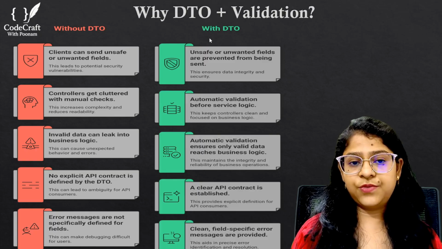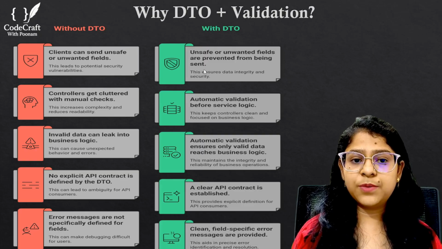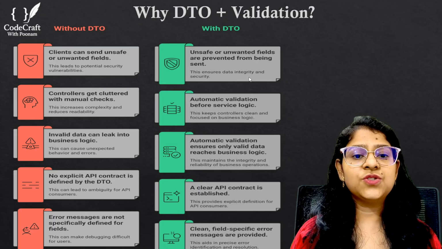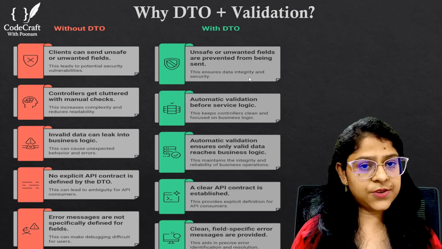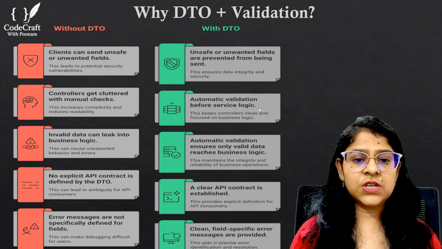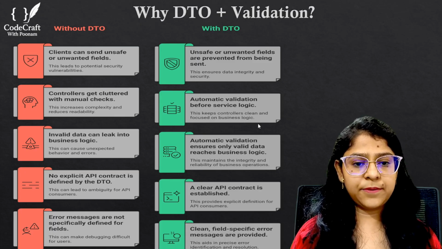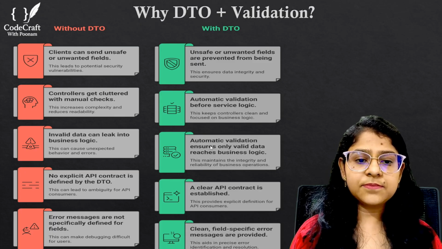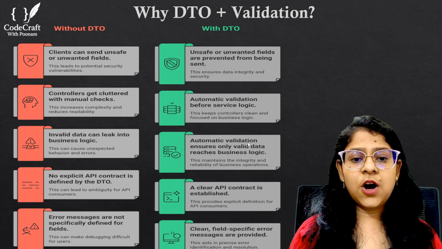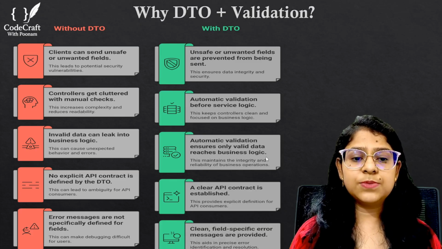Okay. So if you use DTO, then unsafe or unwanted fields are prevented from being sent. So this ensures data integrity as well as security. Automatic validation before service logic. This keeps controllers clean and focused on business logic. And automatic validation ensures only valid data reaches business logic.